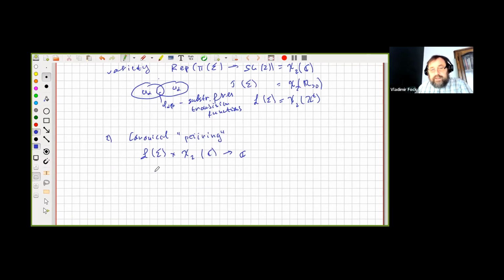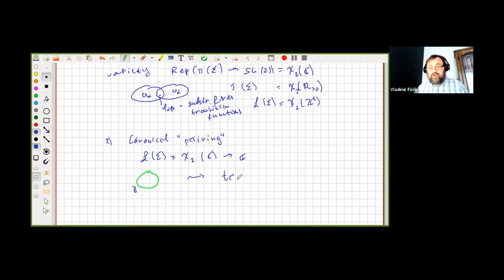And the idea is the following: if you have just a loop, so your lamination is a collection of loops, and this loop is gamma, then you associate to it the trace of the monodromy, the trace of rho, where rho is in the representation space, from pi_1 of sigma to SL2.